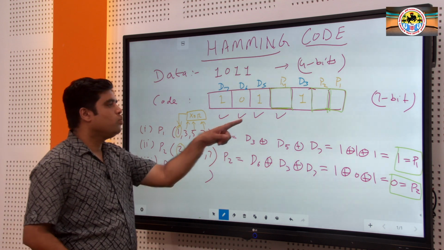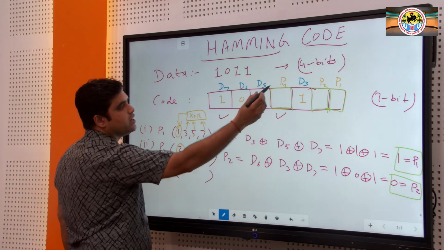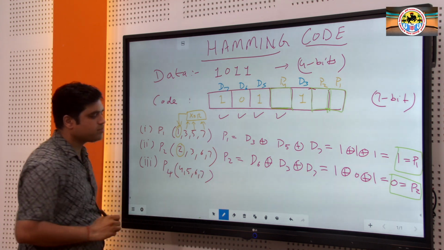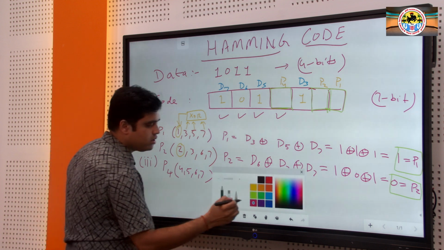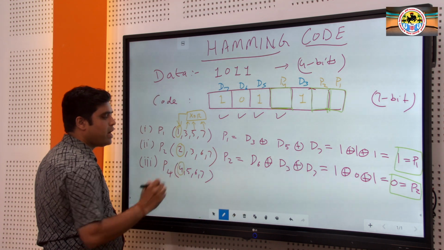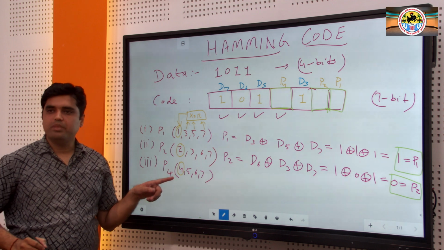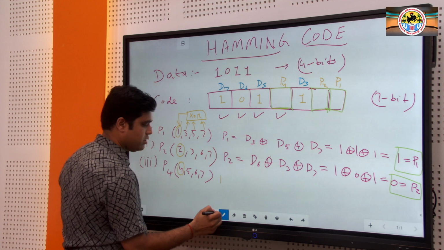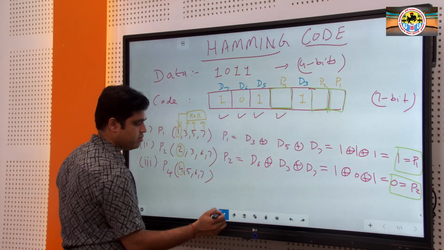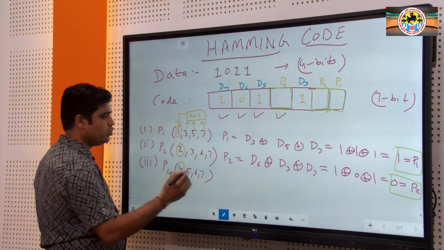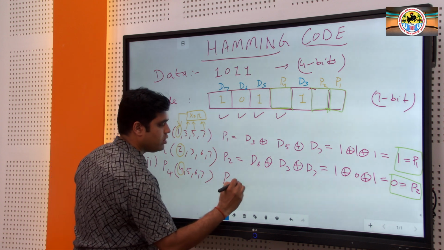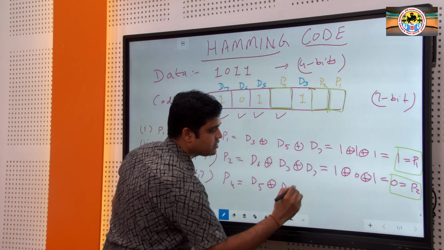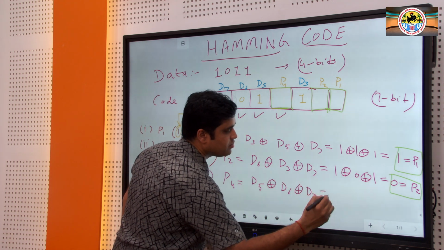By checking 4, we found a group, that is 4, 5, 6, 7. In this group, this is the parity, and this parity bit is obtained by the remaining 3 bits. P4 equals D5 XOR D6 XOR D7.